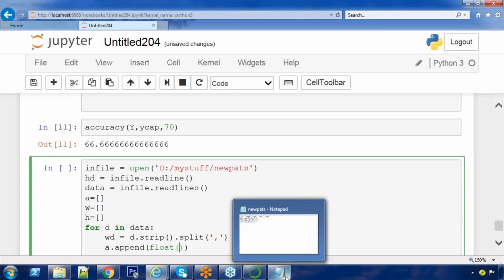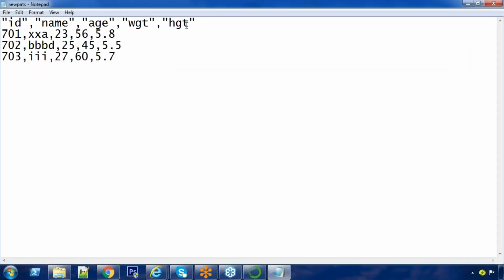What is the position, sir? Age position 3, 4, 5. That means 2, 3, 4 are the indexes.